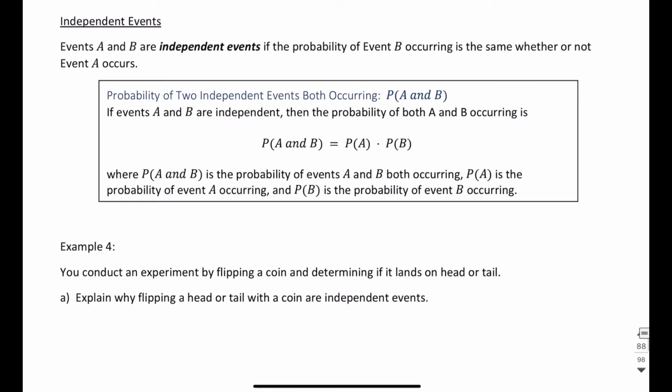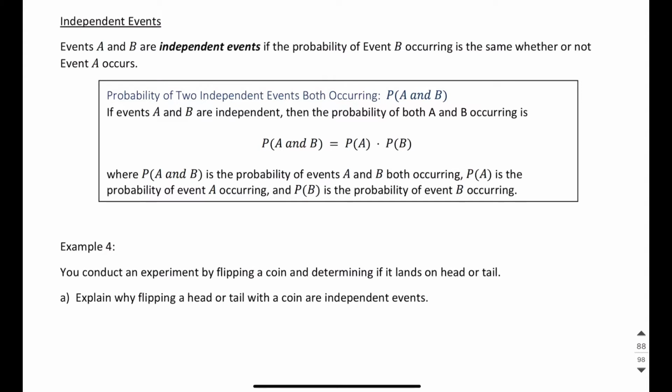Now, when looking at two events, we can determine that two events are independent events if the probability of event B occurring is the same whether or not event A occurs. So two events are independent if the first event happening does not affect the probability of the second event happening.